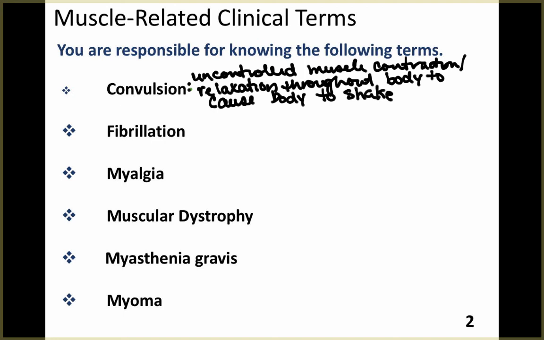Fibrillation is irregular muscle contractions. They can be localized to either skeletal or cardiac muscle.